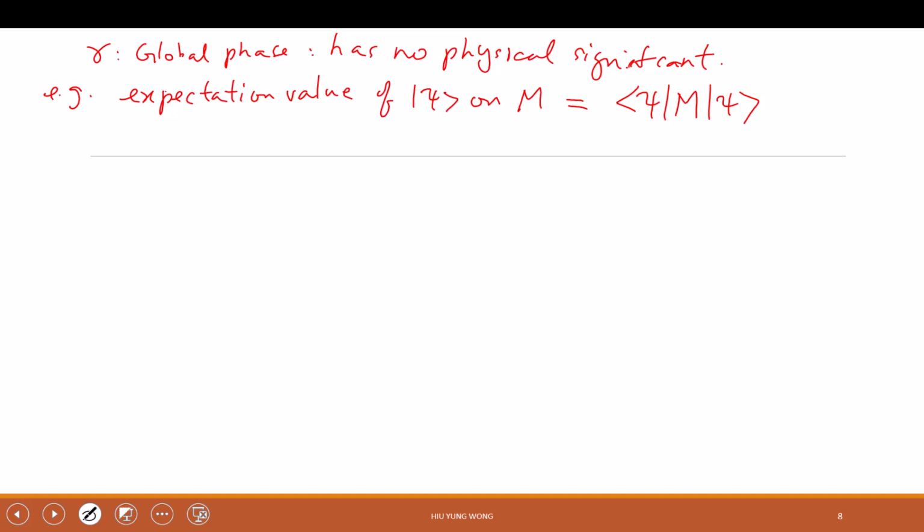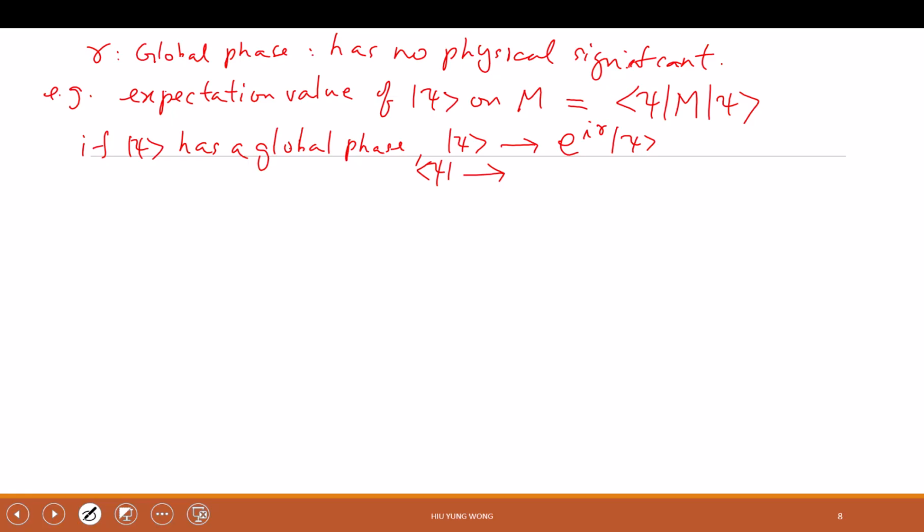Okay, now if psi has a global phase, then what happens? Psi will become e to the power i gamma psi, right? Then how about the bra version of psi? Go back to our bracket notation.